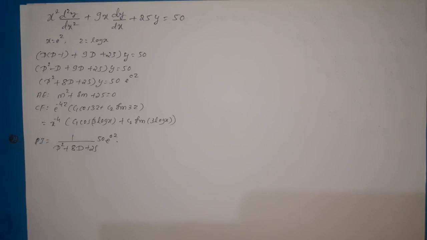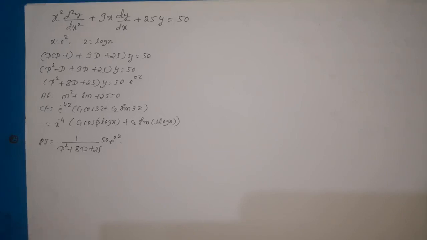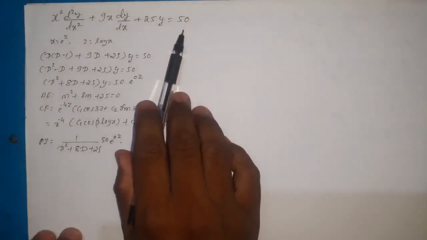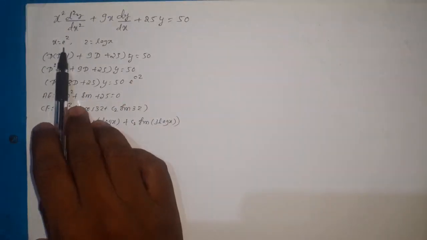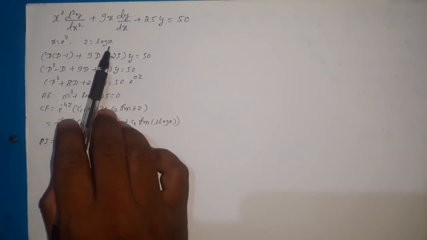Now the first example is x square d square y by dx square plus 9 into x dy by dx plus 25y is equal to 50. So here RHS is non-zero value, that is 50. Now here substitute x equal to e power z and z equal to log x.